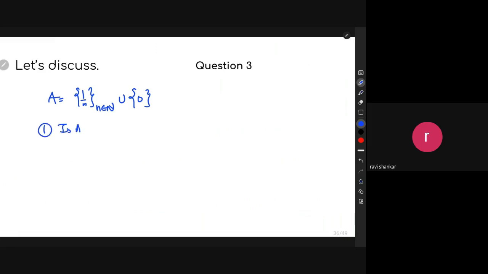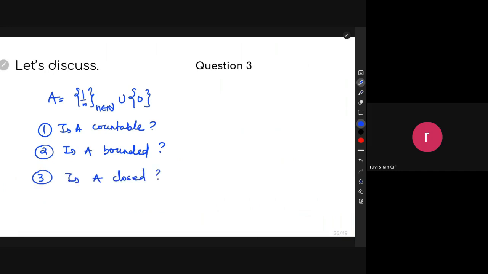Is it countable? Second, is it bounded? Third, is it closed? And fourth, is it not finite?